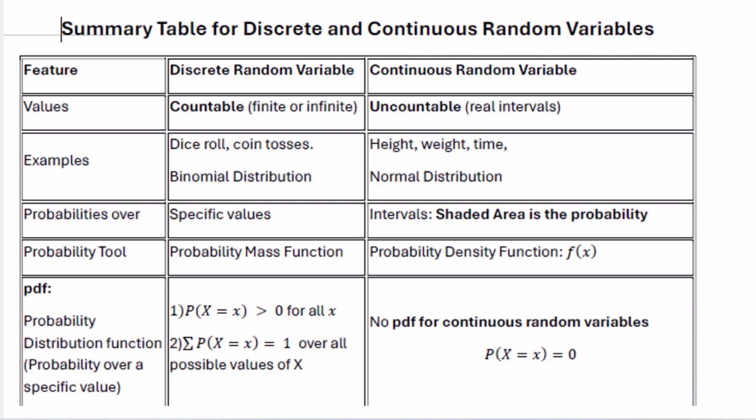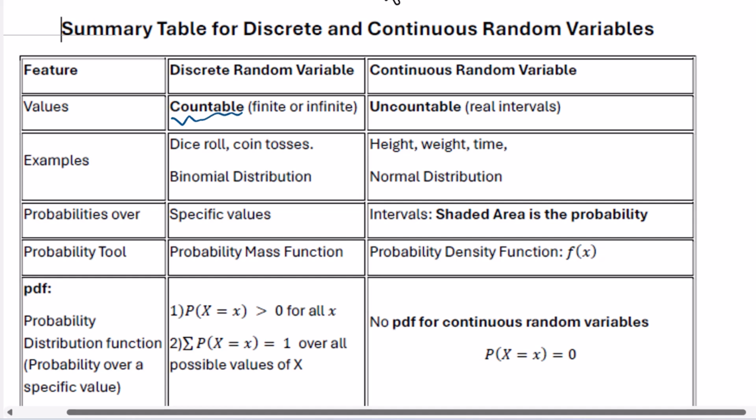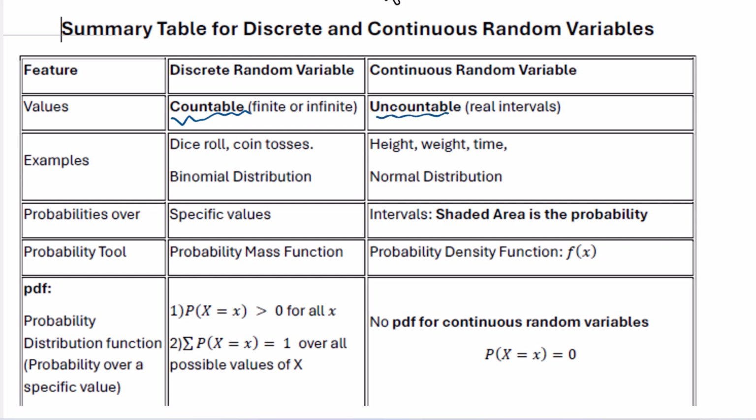This video is about discrete and continuous random variables. Discrete random variables are countable, while continuous random variables are not countable.